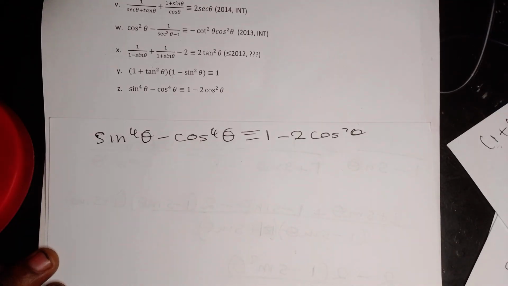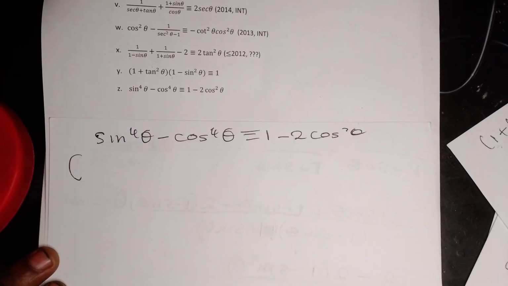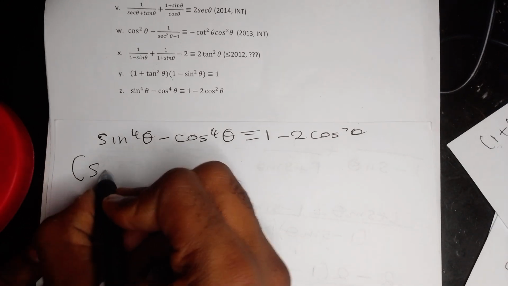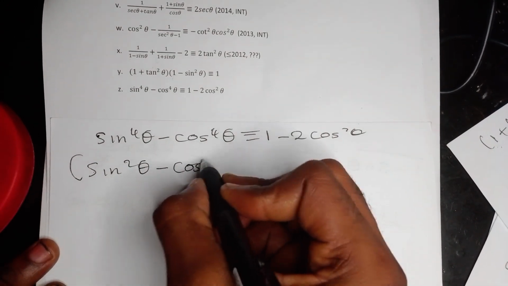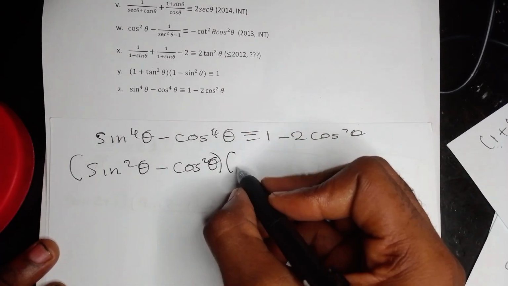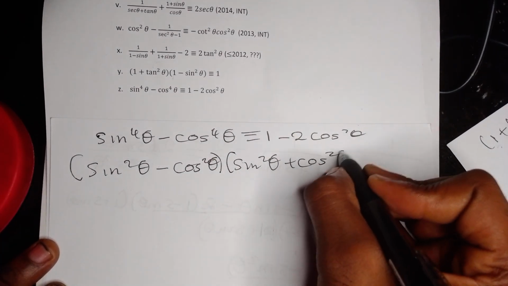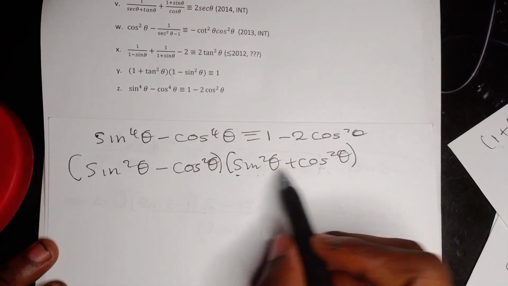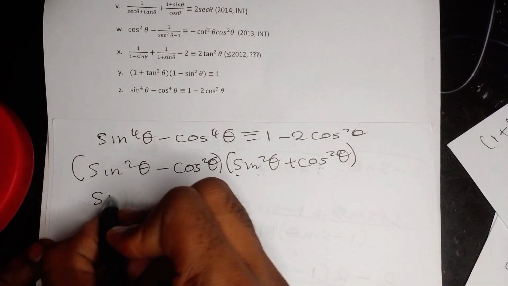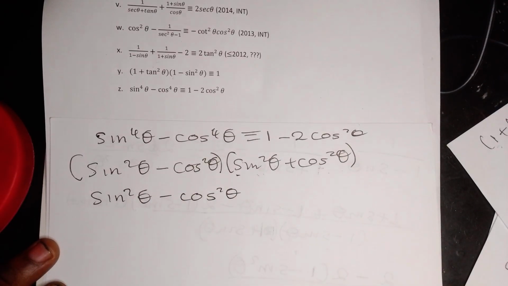So the first thing you want to do is to get rid of the 4's by factorizing using the difference of 2 squares. So this will be like this, and then like this. This is none, this is a 1. So you have sine squared theta minus cos squared theta.